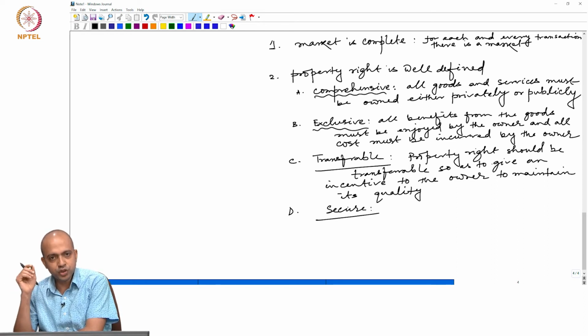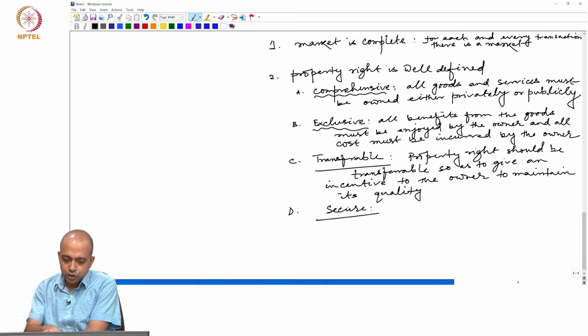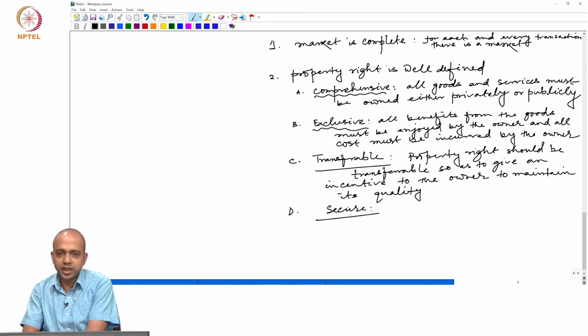Anybody can come to the shop and take some products and go away. Anybody can encroach anyone's property. In that setup, nobody will have any incentive to bring a product to the market. Who will give the security? The law and order of the government. Government has the responsibility to give the security. Okay? So, if it is not secure, then nobody will come for business.